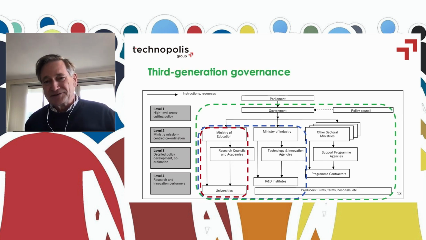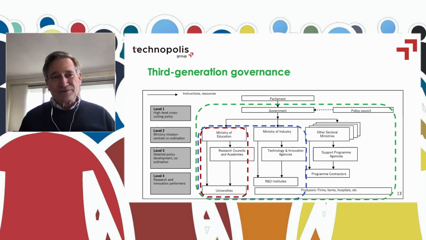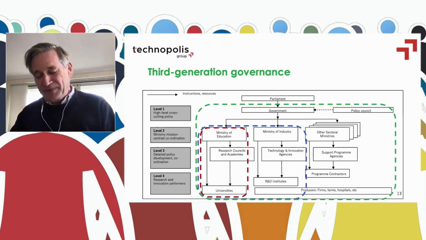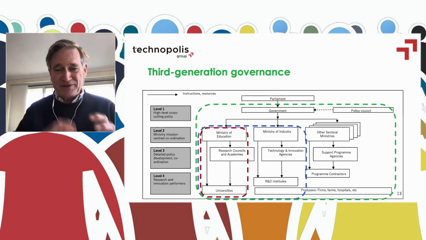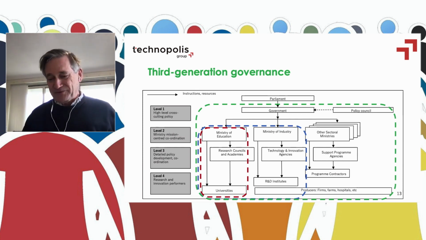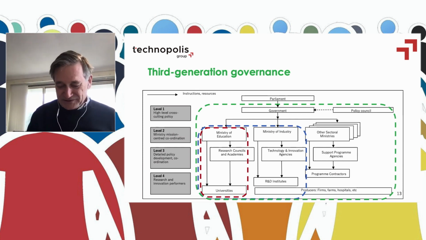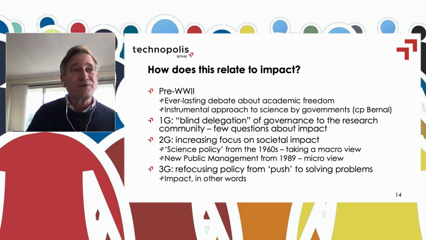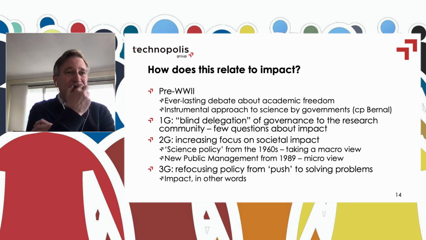And the third generation gets really messy because it's just about everything. So when we think about impacts, correspondingly, the focus shifts from things very close to research through to massive changes in the way society works or the way societal needs are handled.